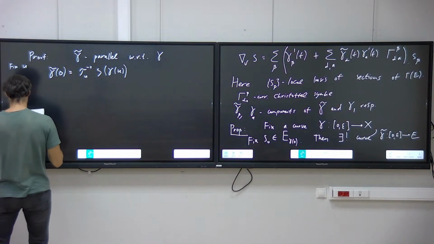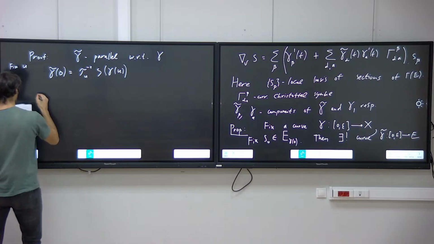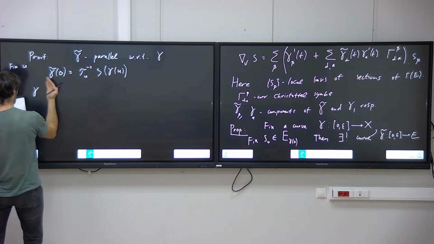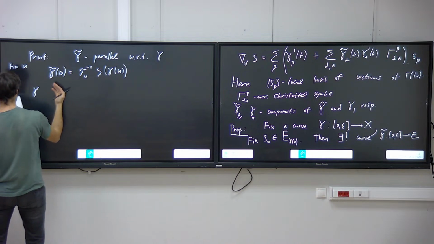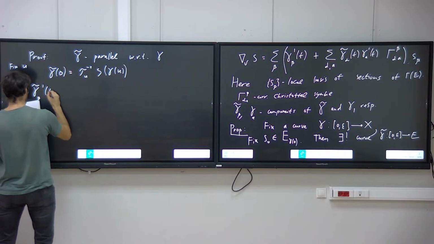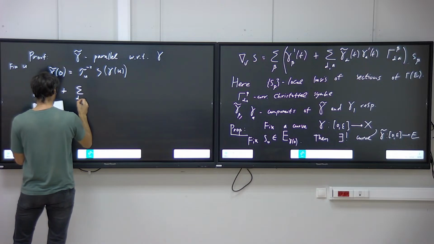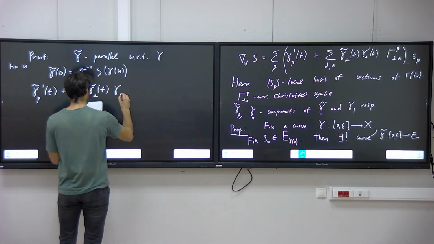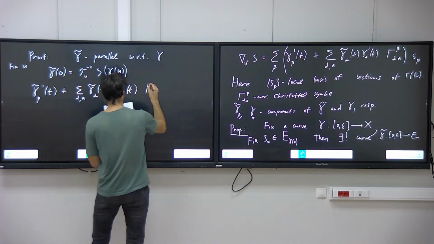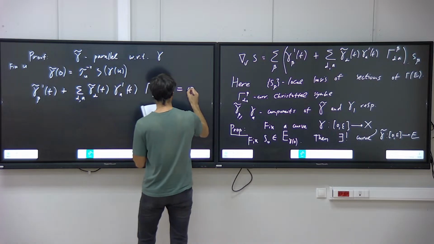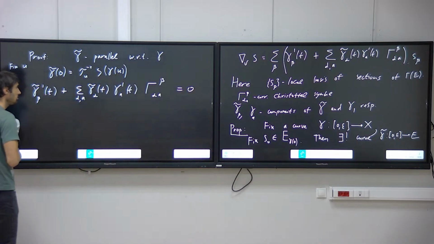So I have gamma, and t will be the parameter that is not fixed. So gamma tilde beta prime of t plus the sum over alpha and a of gamma tilde alpha of t, gamma a prime of t, capital Gamma alpha a beta equals 0.